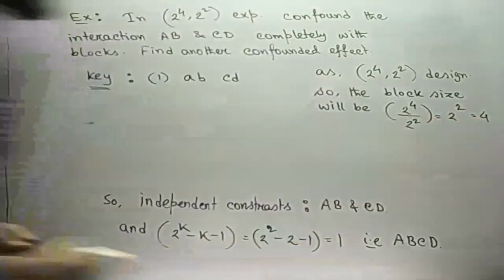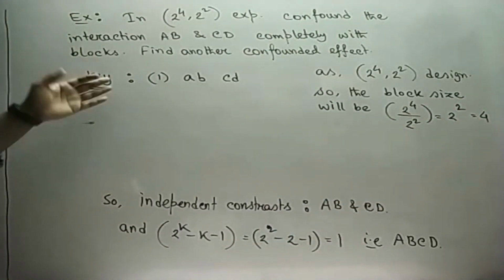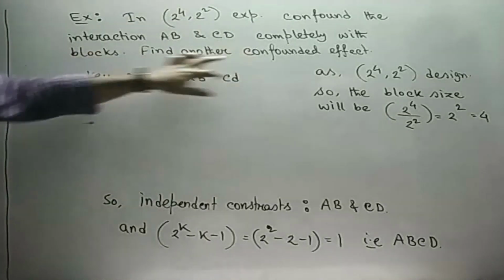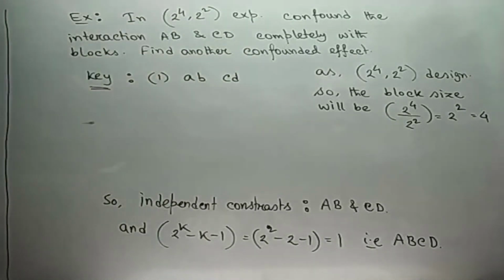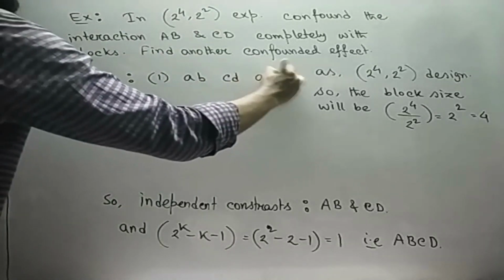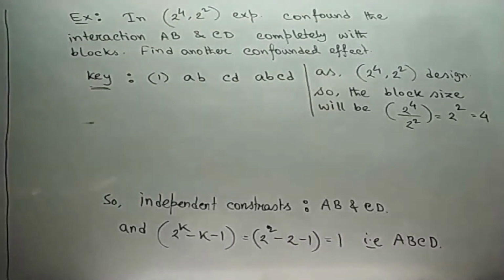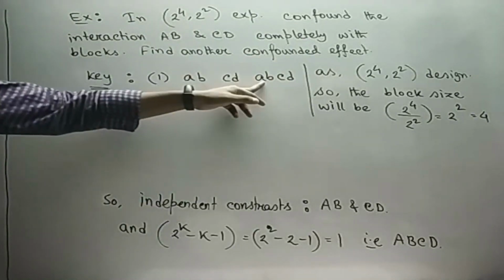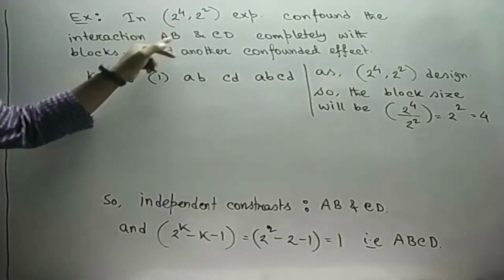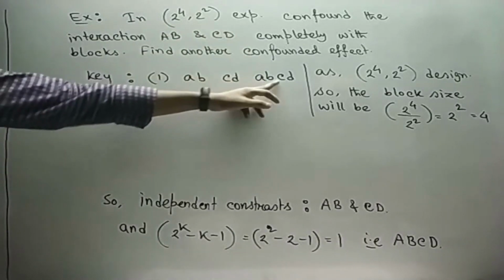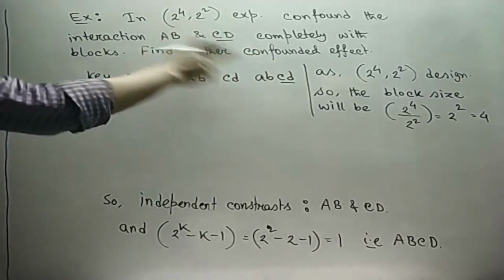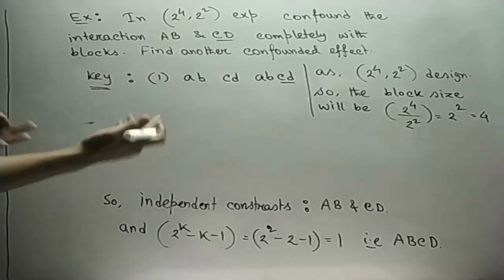So the block size will be 4. Block size means how many members will be in the key block. So the number of members in the key block will be 4. So we have to take ABCD as the last member of the key block, as ABCD has an even number of common members with AB and an even number of common members with CD. So AB and CD are basically the common members. Obviously these are an even number of common letters.